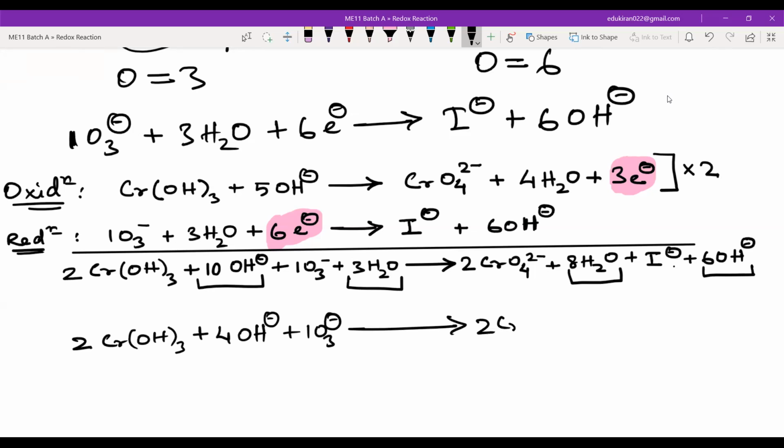Sir, do we need to write the above part, or do we write this one? Oh, you have not written down. You need to write this also. The whole thing, from here. It's okay, sir, I will take a screenshot. Take a screenshot.